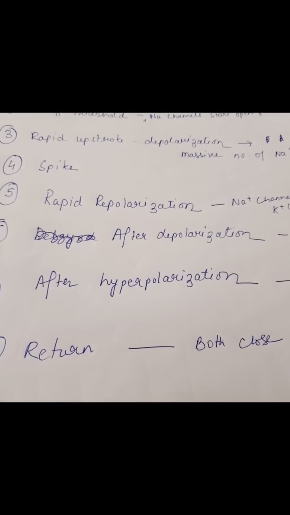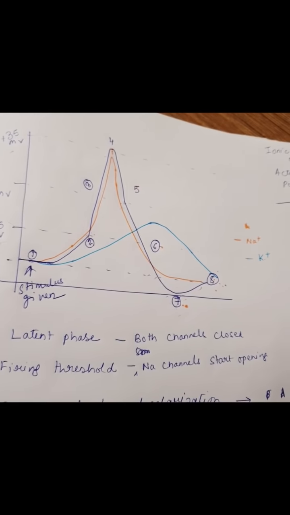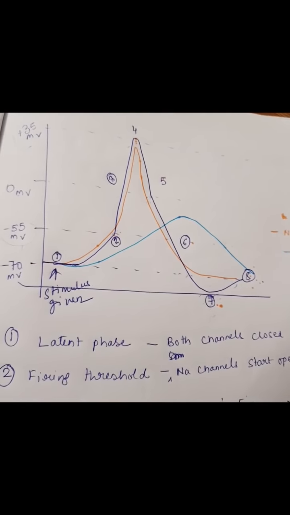Now, when the membrane potential returns to the resting level, both the channels are closed. Okay, so this was the ion channels and ions in brief. Now I will discuss this in detail.